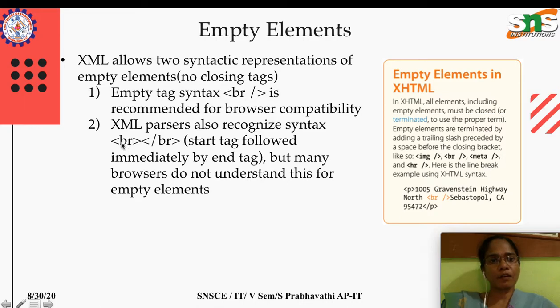And since XHTML is a stricter version, every open tag must have a close tag. So there is nothing wrong in including something like this also, break then followed by the close tag. In this manner also we can give, or we could give the close tag immediately after that open tag, or we can simply prefer just open and close tag br.